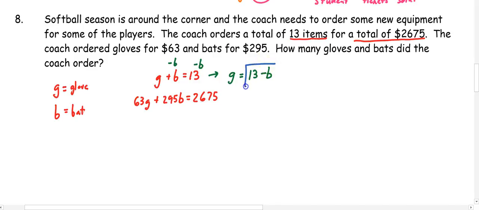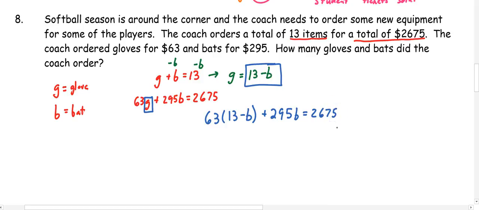So I can box what G is equal to, and I can box G in my other equation. So I get 63 times 13 minus B plus 295B equals 2,675.